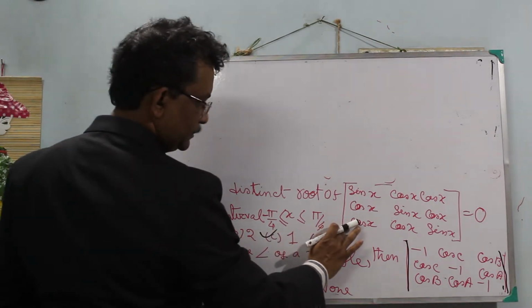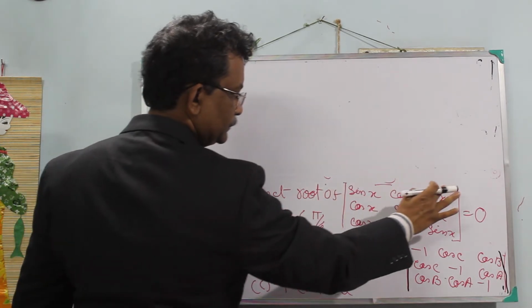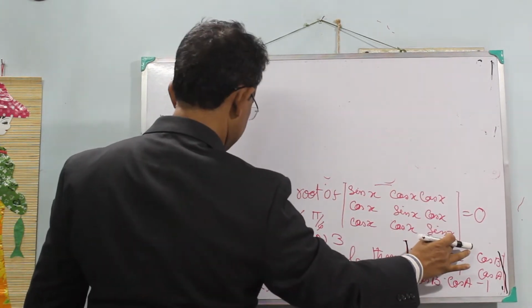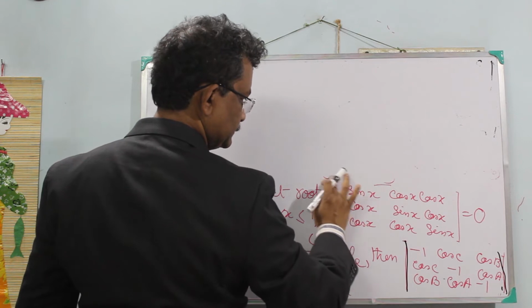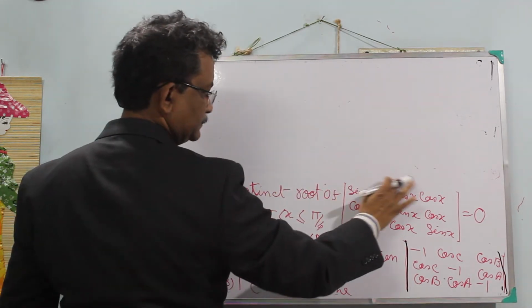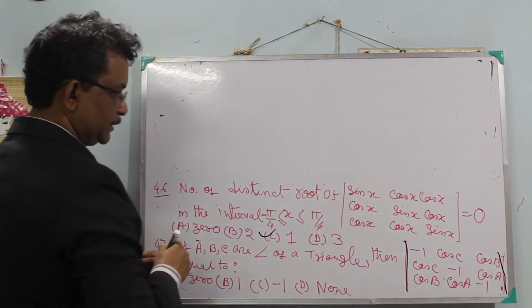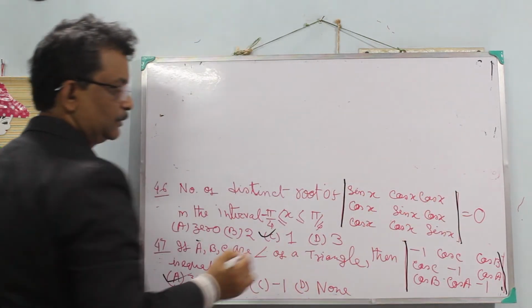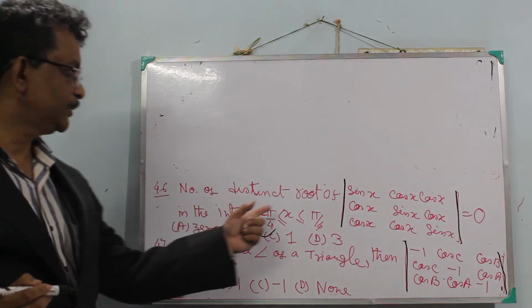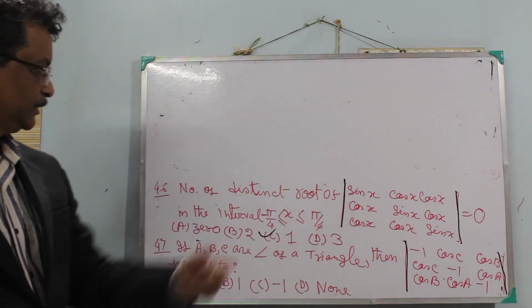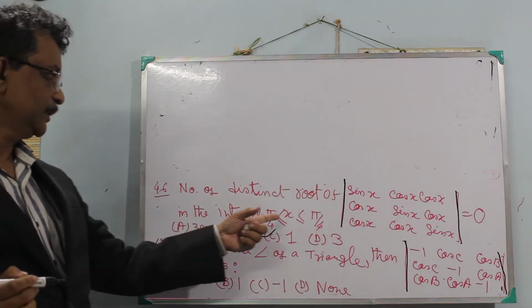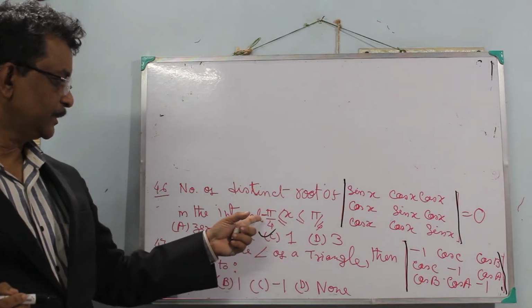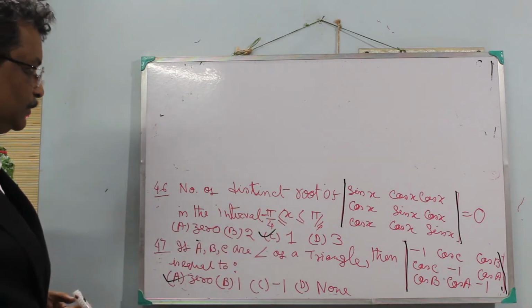I'm sorry, this is not a matrix; this is a determinant value. So the number of distinct roots of this, in the interval x less than pi by 4 and greater than minus pi by 4.